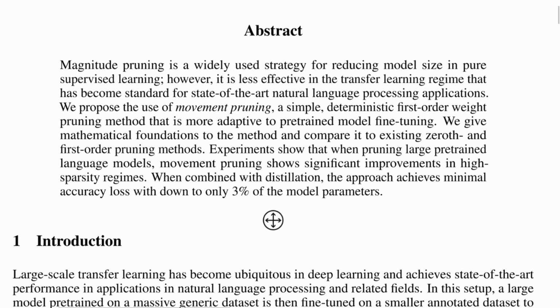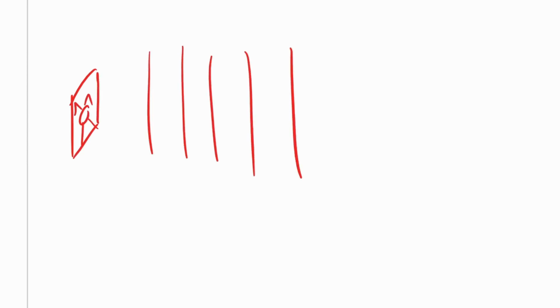So they say magnitude pruning is a widely used strategy for reducing model size in pure supervised learning. So what is magnitude pruning? Now, let's say I have a convolutional neural network, and I input my little cat right here, and I have a bunch of layers. Each of these layers is made up of neurons, and the next layer is also made up of neurons.